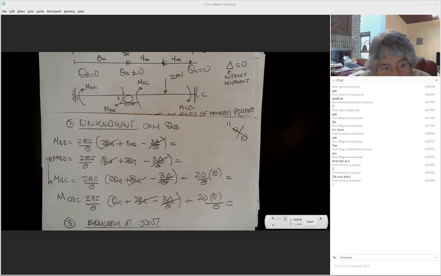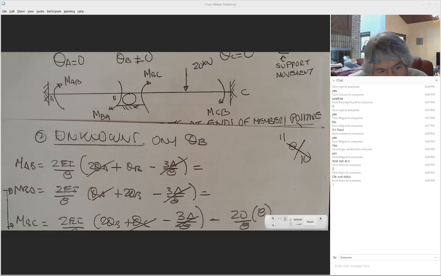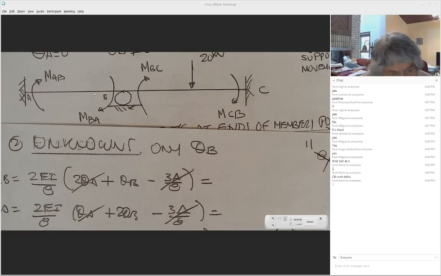But I have here MBA plus MBC. Look, we assume that all of them in the member are clockwise. When I do equilibrium at this joint, what is going to be the direction of the moment? If in the member it is clockwise, what is going to be the direction of the moment at this joint?